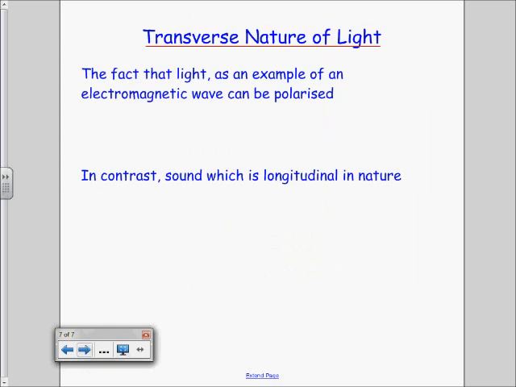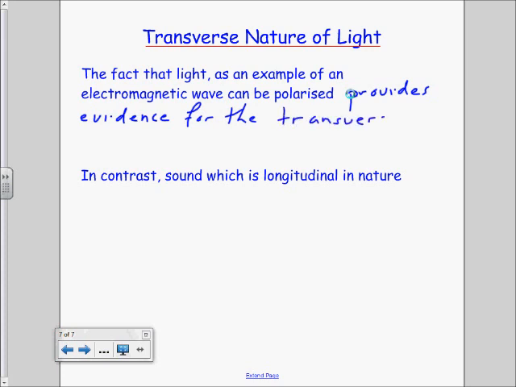And finally, the fact that light, as an example of an electromagnetic wave, can be polarized provides evidence for the transverse nature of electromagnetic waves.